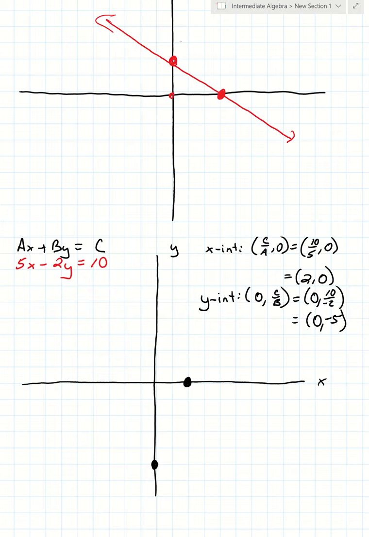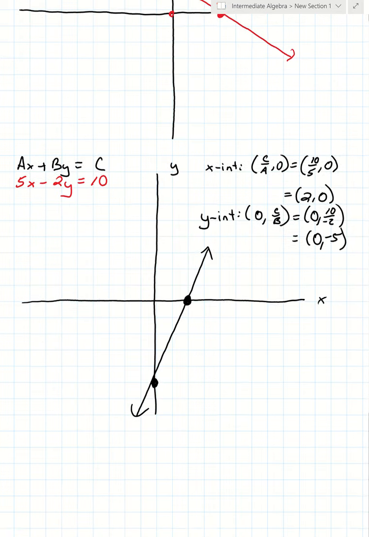And as always, you should try to form a straight line. Okay. This line here represents the graph of that equation of 5x minus 2y equaling 10.